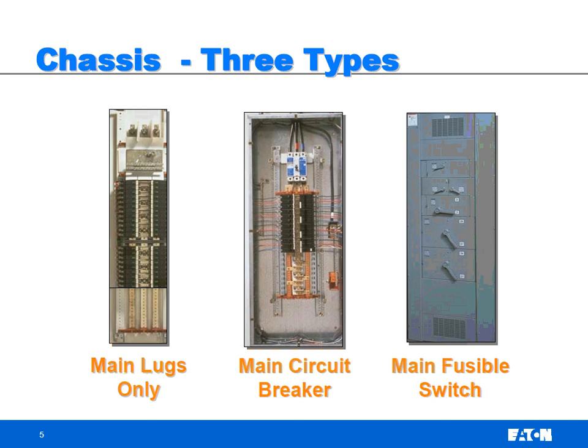Yep. So, if you have the main lugs, what needs to be upstream of that so you can isolate it? Good question. You need to have the circuit breaker upstream of that, properly rated for the panel board.